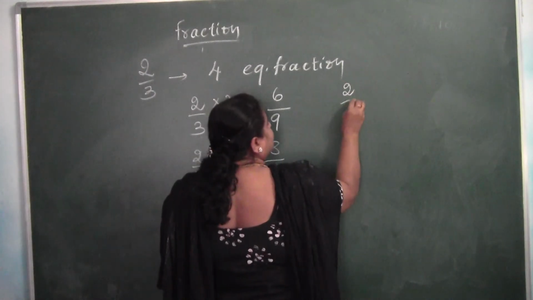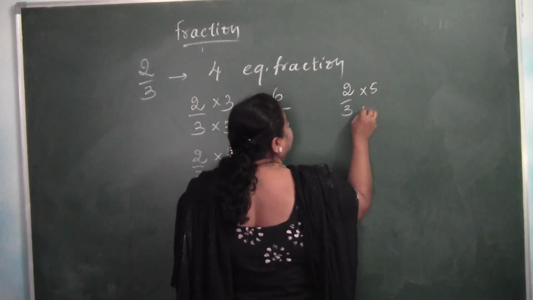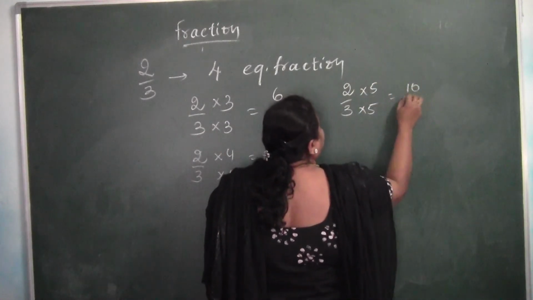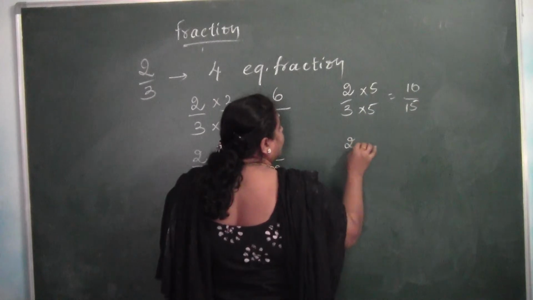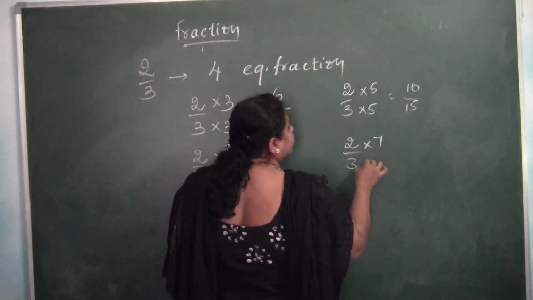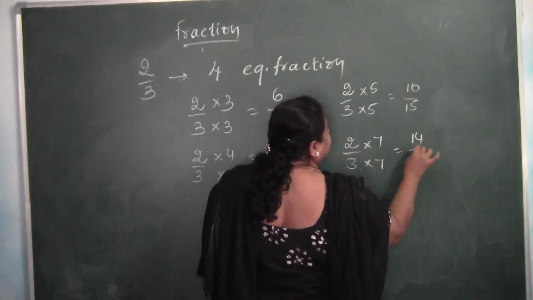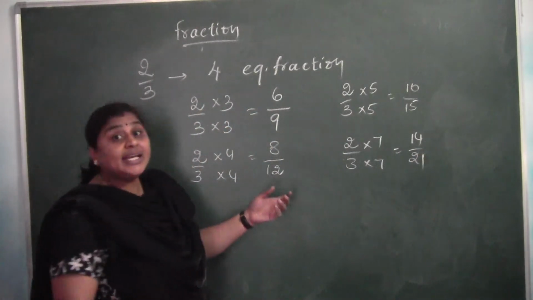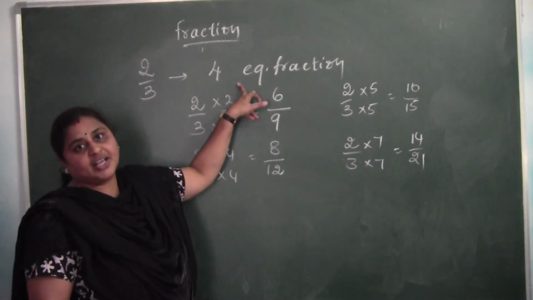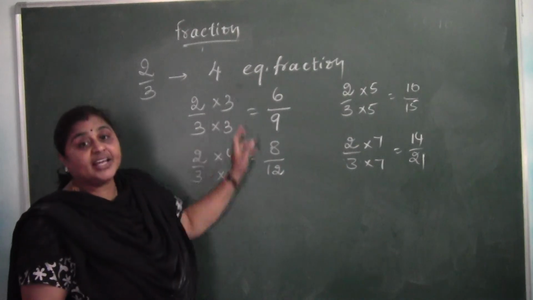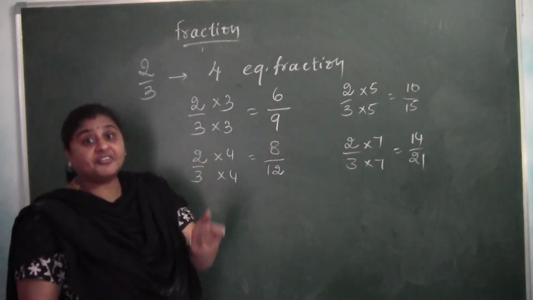Next again take 2 by 3, 2 into 5, 3 into 5, 10 by 15. Again 2 by 3, into 7, into 7, 14 by 21. How many do I need? 4 equivalent fractions. So I have multiplied the fraction 4 times with 4 different numbers.